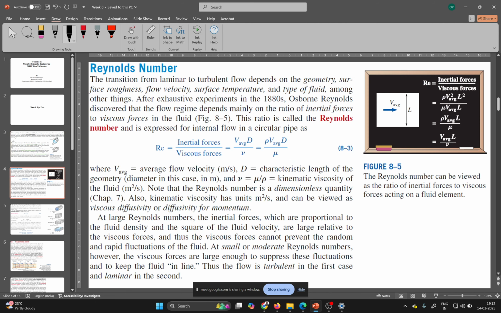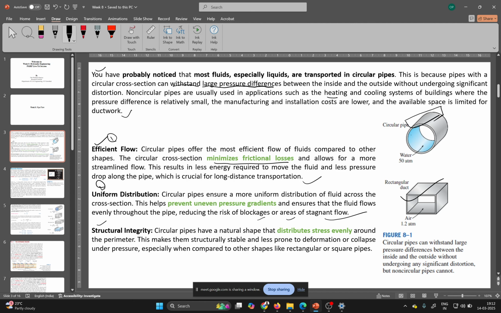So hope you got it. This was the major advantage of using the circular pipe in case of high pressurized flow: it prevents uneven pressure distribution, minimizes frictional loss, and distributes stress evenly. So hope you all got it.